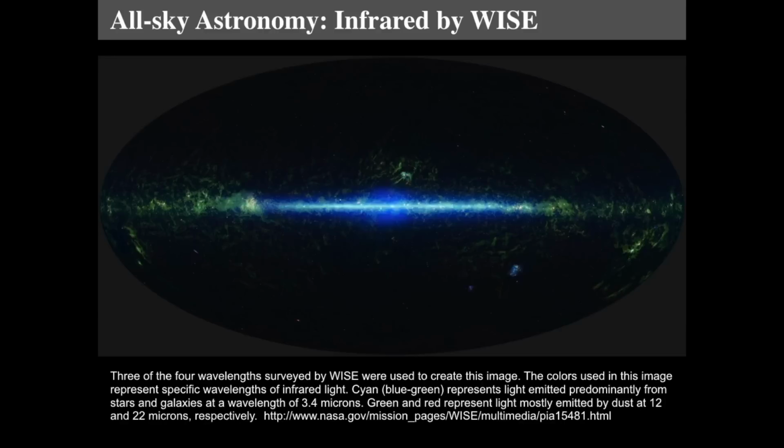So we can see that the blue, which goes in the center, since that's starlight or galaxy light, that's very tightly confined into the disk of the Milky Way. But the green actually has a puffy structure, and that puffy structure arises because, again, dust is associated with star-forming regions, and unlike the optical image, the infrared image of the blue that shows the starlight is not impeded by the dust, so it travels through the dust, and we can see the light of the collected stars in the infrared image.